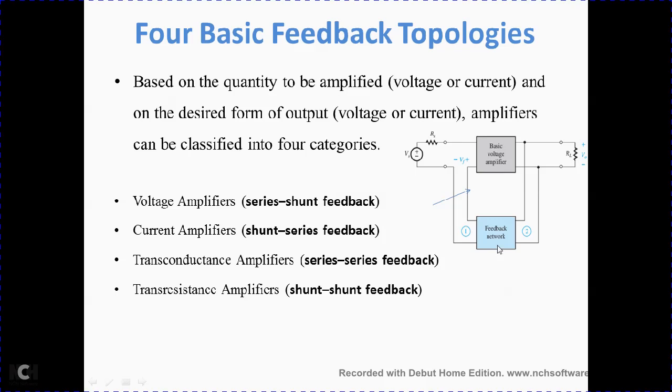Without the feedback network it is an open loop amplifier. We learned the advantages of having feedback. Basically it is all negative feedback, because an amplifier always demands negative feedback.